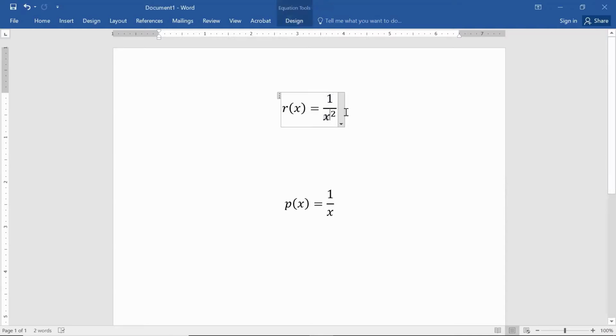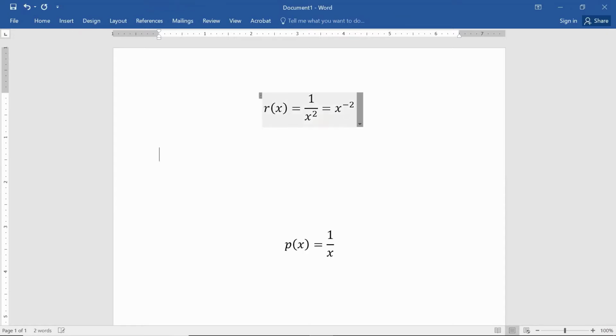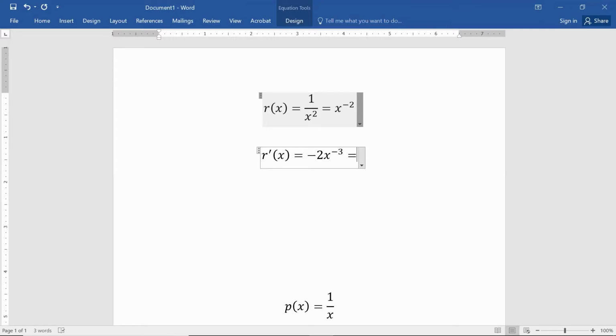1 over x squared is equal to x to the minus 2 power. Let's take a derivative of that. R prime of x is equal to negative 2 x to the negative third. That can be rewritten as negative 2 divided by x to the third.